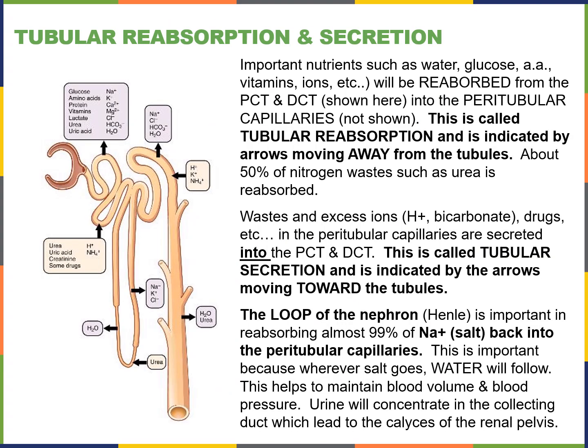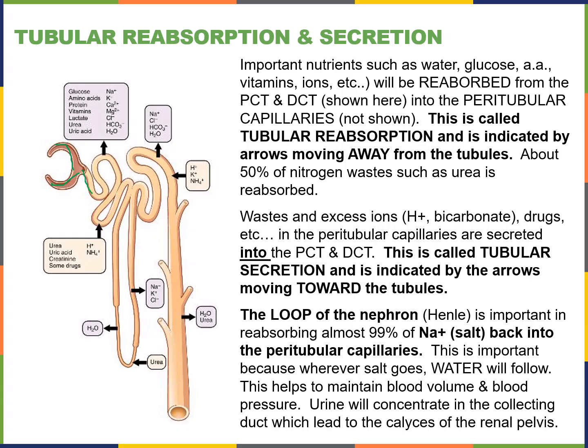Tubular reabsorption and tubular secretion. I have one disagreement with this diagram, which is this. So what it's showing you here is this is the Bowman's capsule. So the blood capillary system is removed from the diagram.